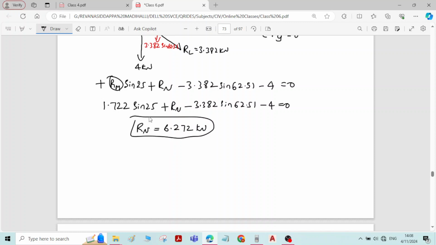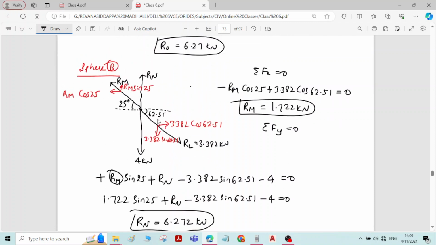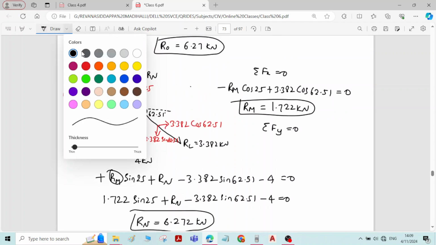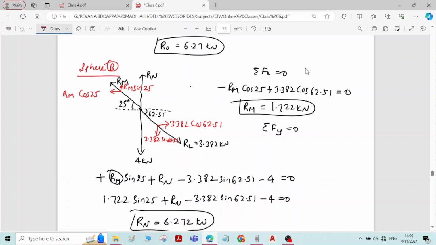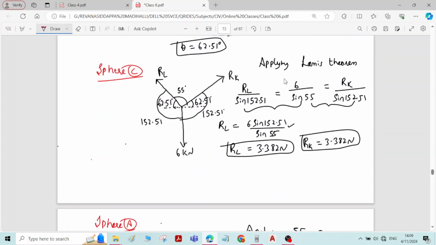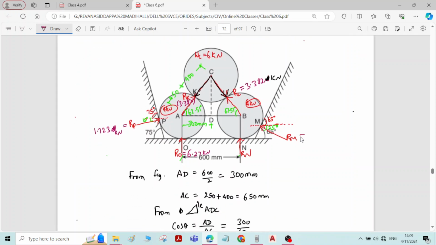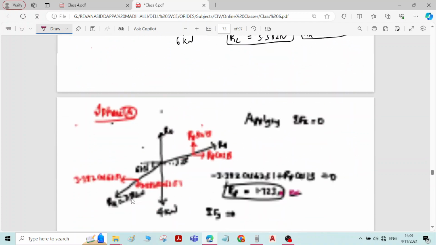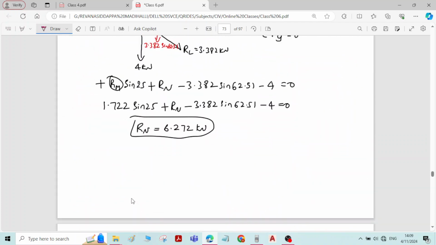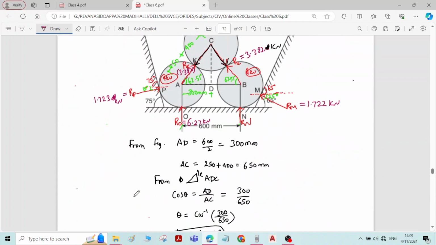Now we got reactions at contact surfaces M and N. Let me write the answers. RM is equal to 1.722 kilonewton, and RN is equal to 6.272 kilonewton.